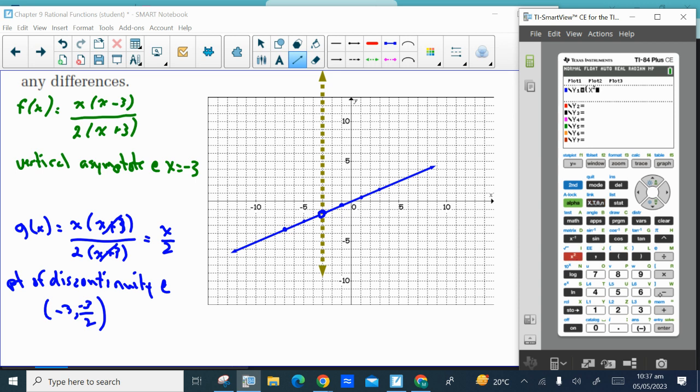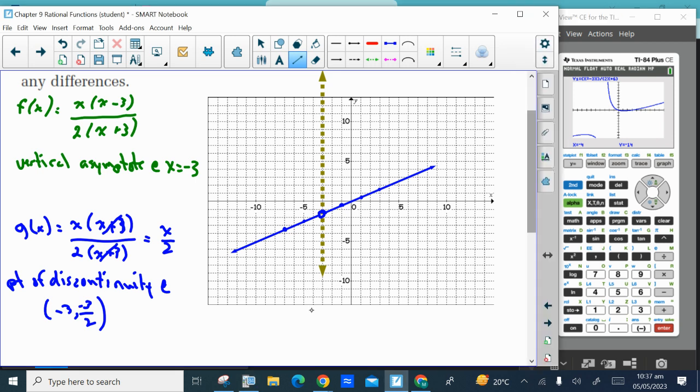X squared minus 3x divided by 2x plus 6. And now we're going to trace. Let x equal -4. Y equals -14. Approximately right there.